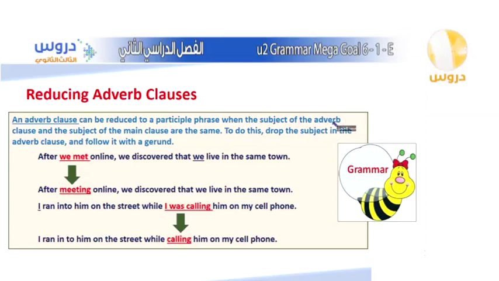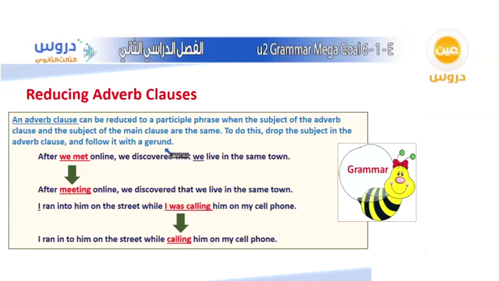When the subject of the adverb clause and the subject of the main clause are the same, we can reduce it to a participle phrase. To do this, drop the subject in the adverb clause and follow it with a gerund.